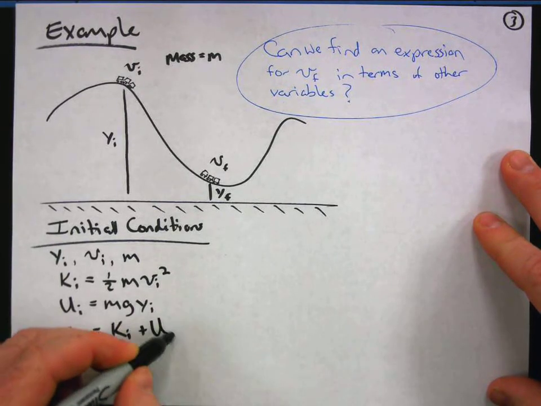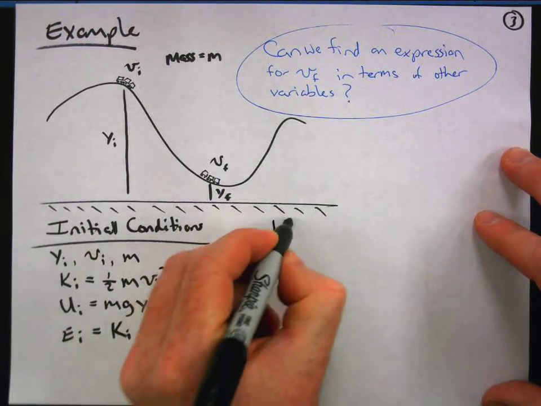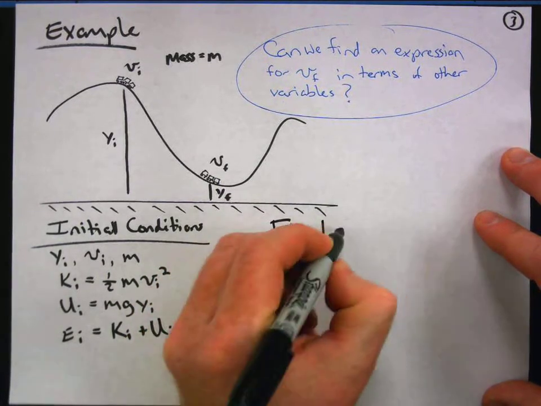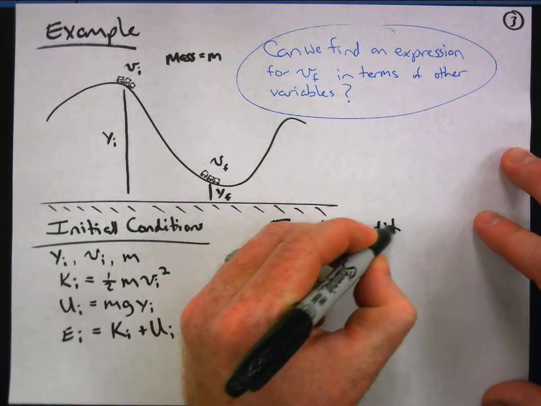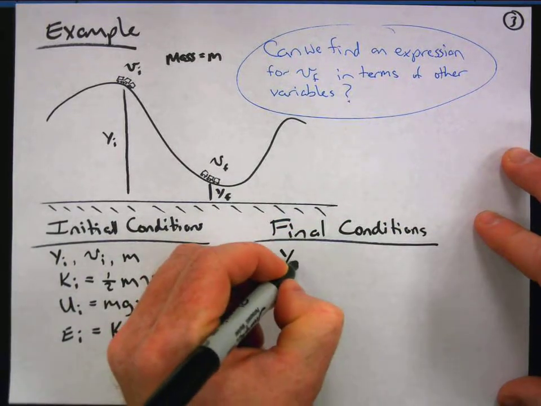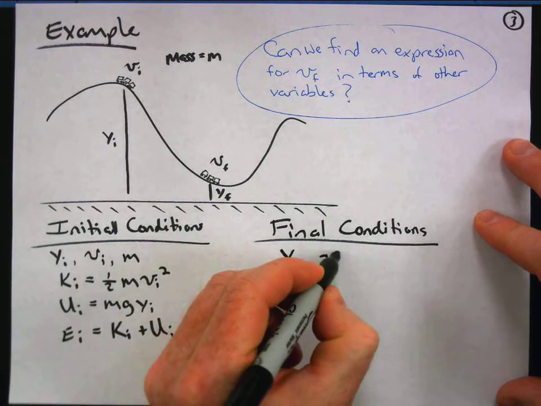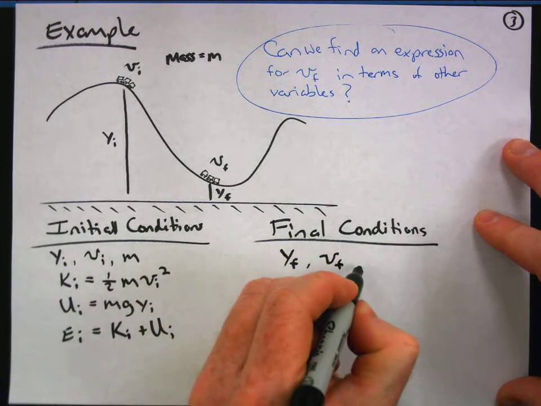Awesome. We also understand some corresponding final conditions. Let me list those here. There is a final position. There is also a final velocity. The car still has mass m. That hasn't changed.